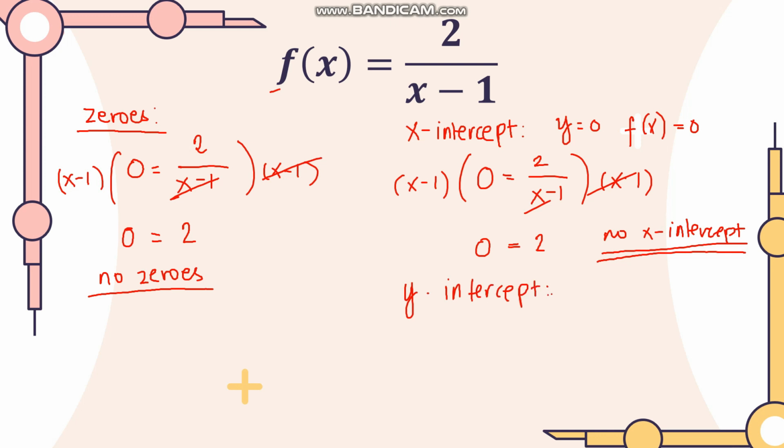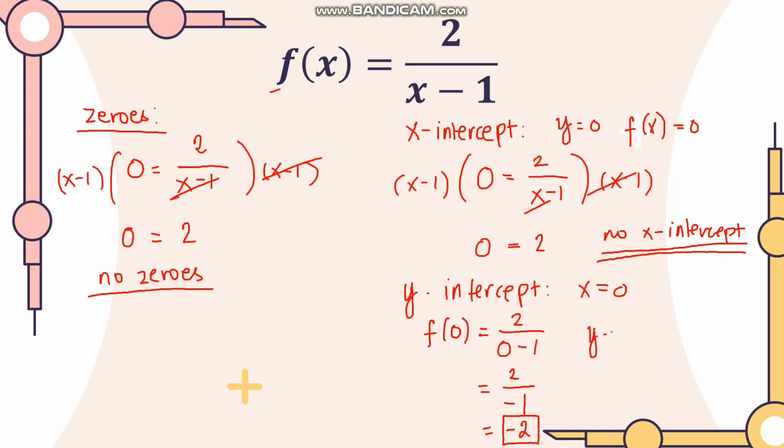Now for the y-intercept, since these are the points along our y-axis, we have to set x equal to 0, because for the points on the y-axis, the value of their x-coordinate is 0. So we set x equal to 0. What we will have here now is f of 0 equals 2 over 0 minus 1, and then just simplify this. 0 minus 1 is negative 1. 2 divided by negative 1, we get negative 2.